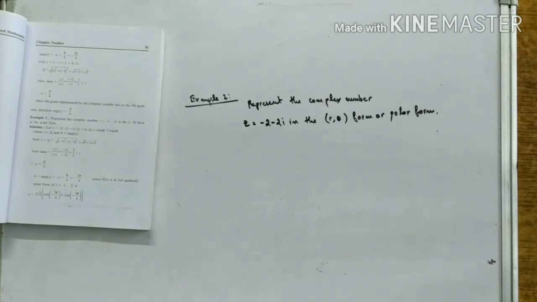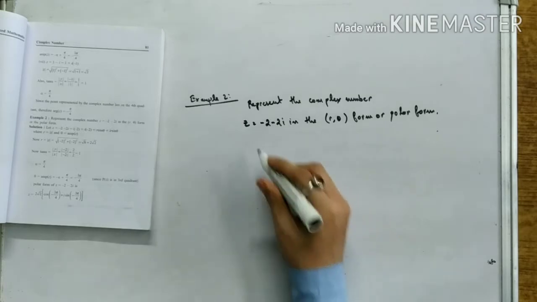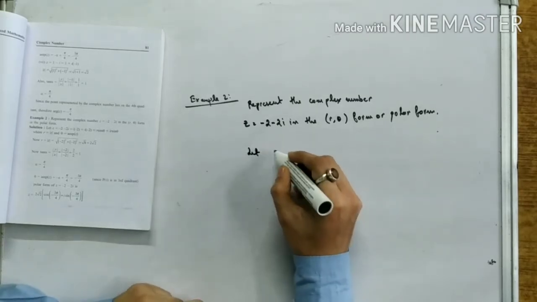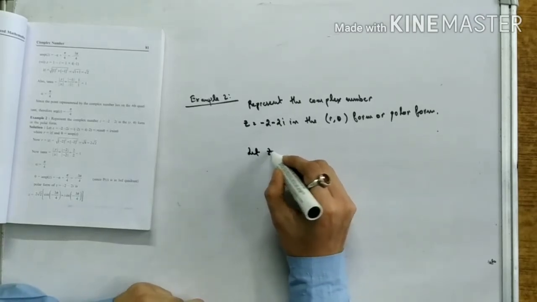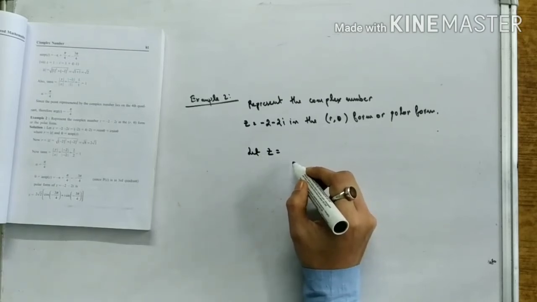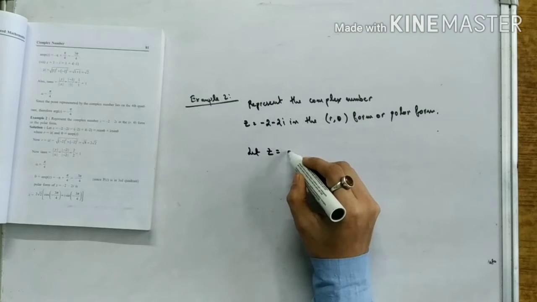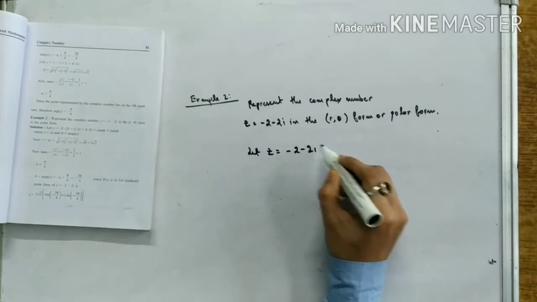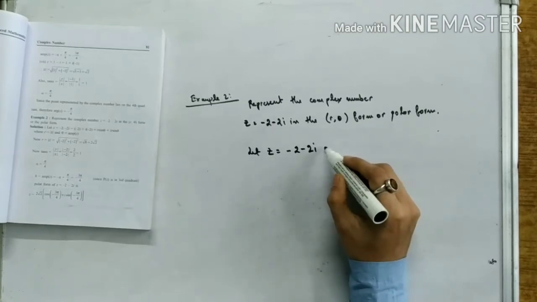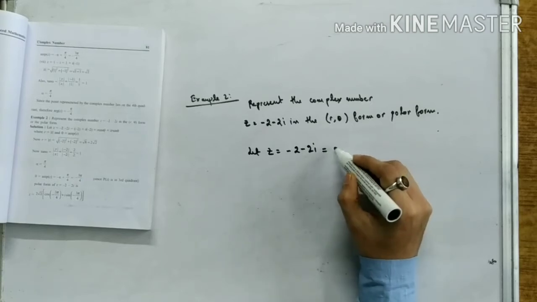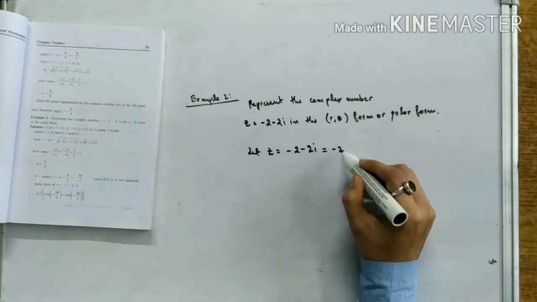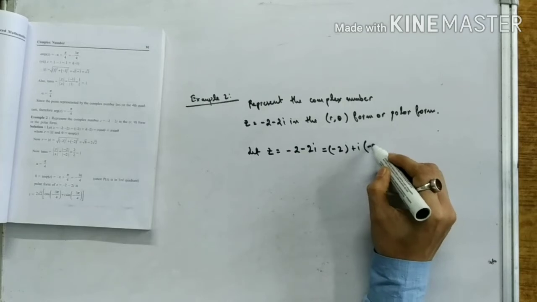So first of all, in here you see, I will take let z is equal to minus 2i, which I can write as minus 2 plus i minus 2.